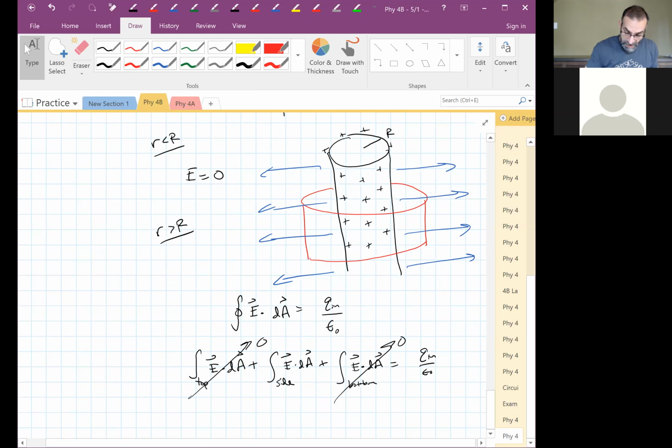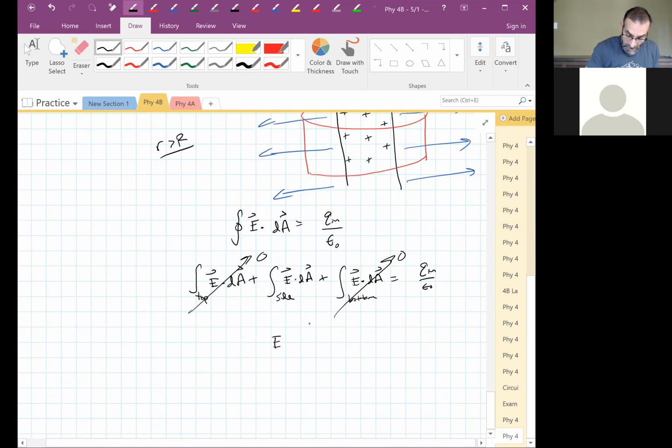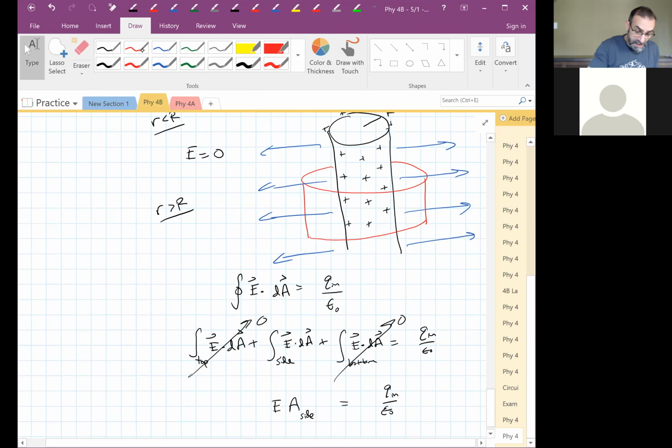So what do we get? We get E times the area of the side is Q in over epsilon naught. The area of the side is 2 pi r h, where h is this distance here, the height of our cylinder.